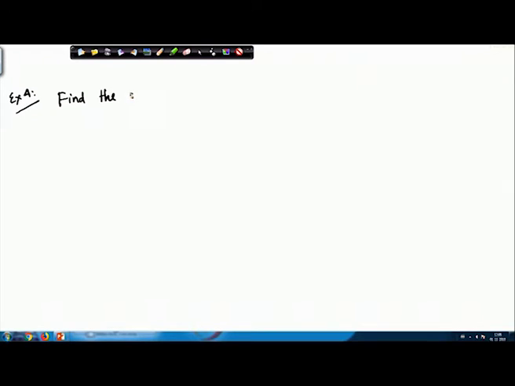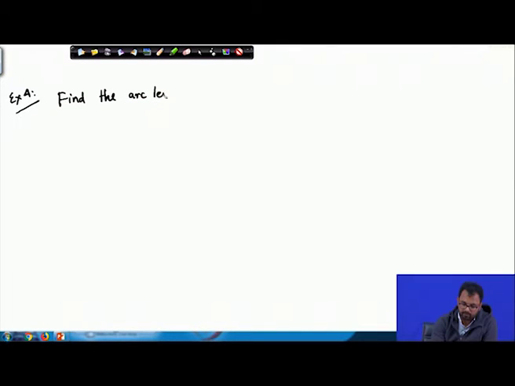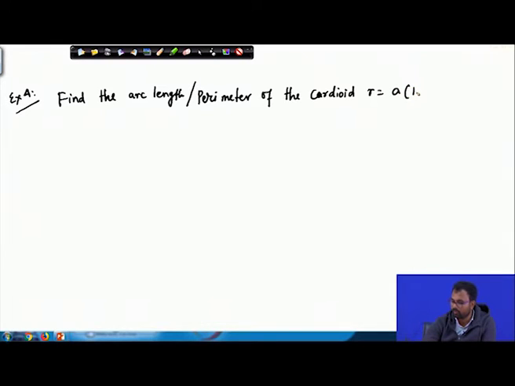So, find the arc length, or let us say perimeter. Perimeter means the whole arc length in a way, the entire arc length. So, the perimeter of the cardioid r equals a times 1 minus cos theta.